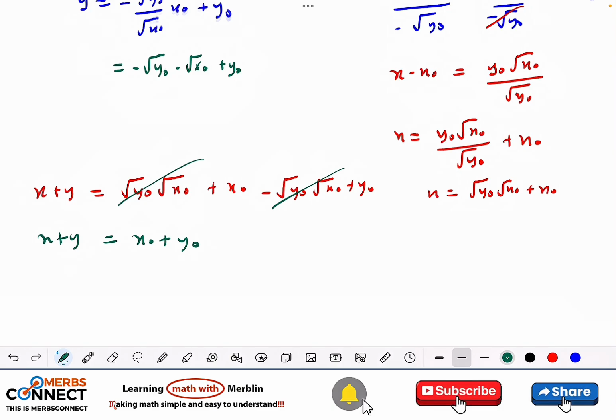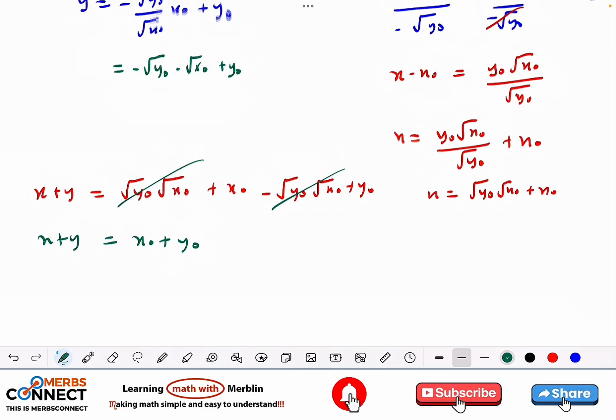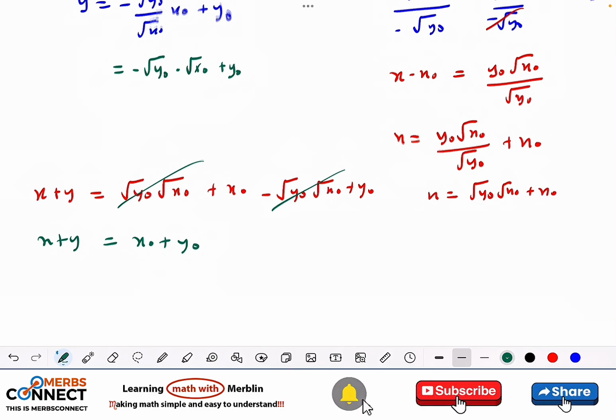Is that right? Let's think about whether this is right. Is that true? x naught plus y naught. So thinking about how this is true.